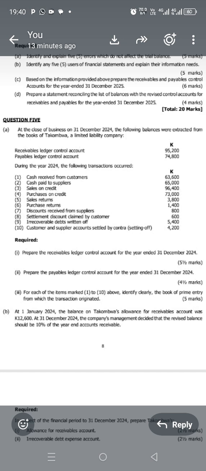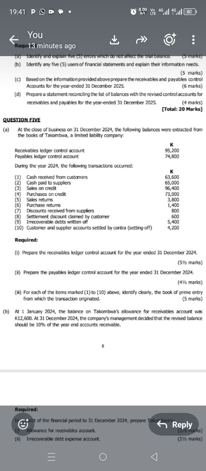We go to transaction number 7, discounts received from suppliers. This discount received from supplier doesn't affect the receivable ledger control account. So we are going to record this in the payables ledger control account.